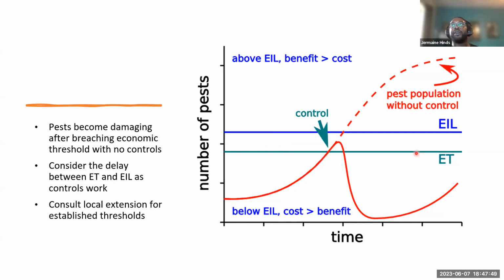Okay. And the threshold was just the economic threshold, the space between the economic threshold and the injury level is pretty much how long it takes your control to work, right? And so the easiest example is sprays, because they work fast.